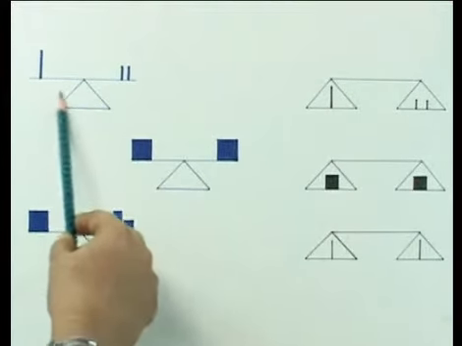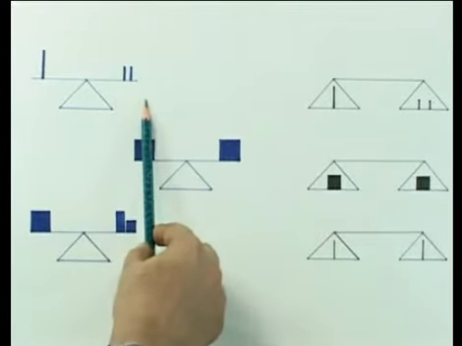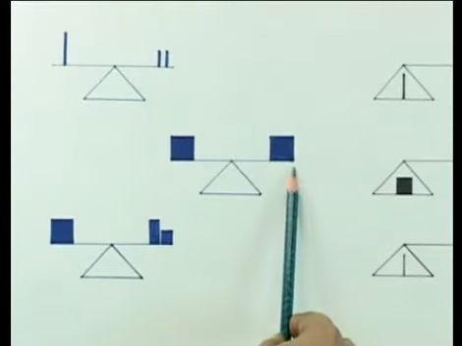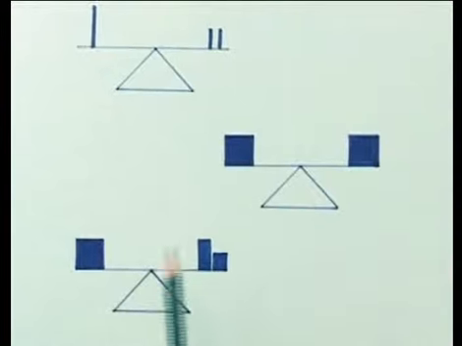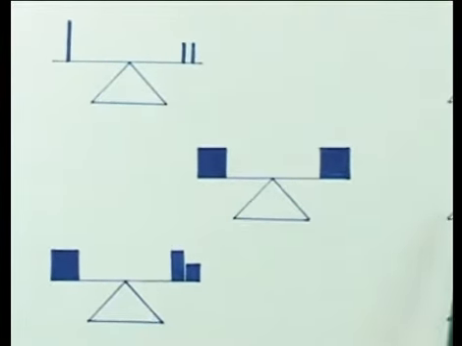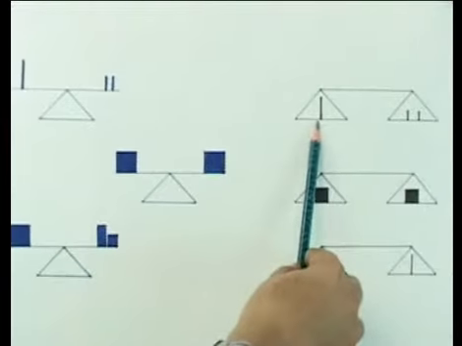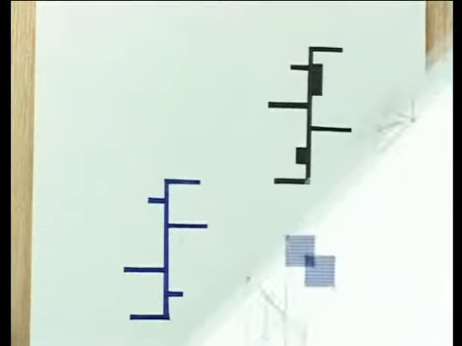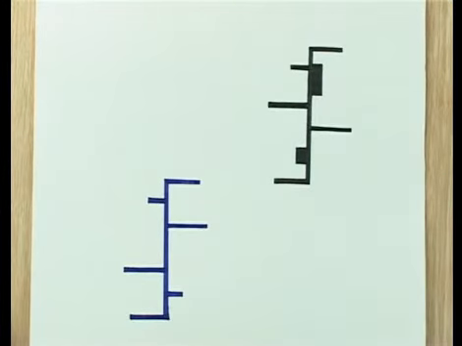Whenever balance is considered horizontally, that is, about the horizontal axis, it is called horizontal balance. Further, it may be symmetrical or asymmetrical. Whenever balance is considered vertically, that is, about the vertical axis, it is called vertical balance.